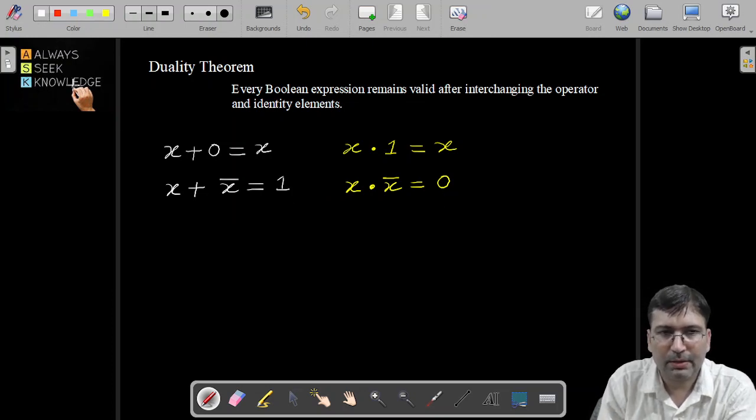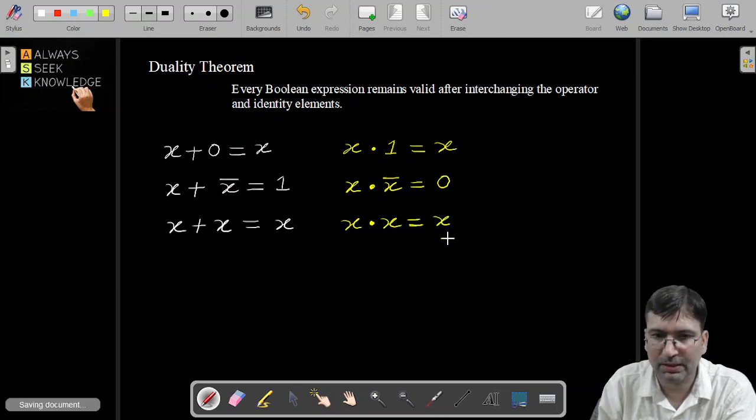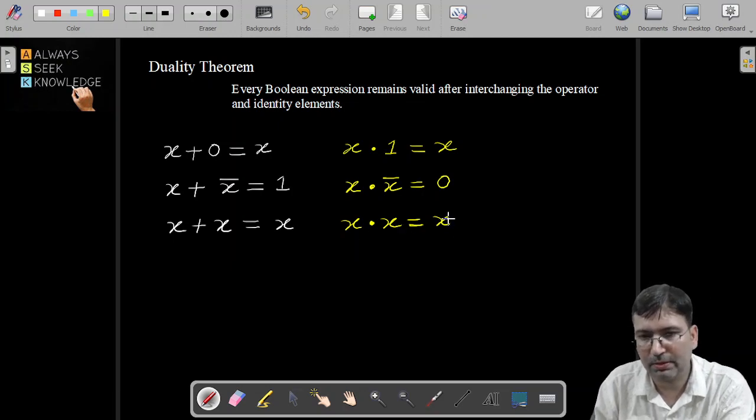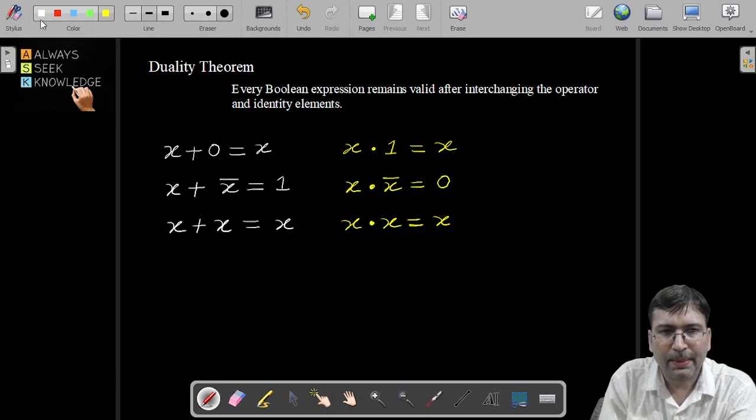Now let's see a further example: x plus x will always give us x. Now if we write the dual form for this, x and x will also give us x, because x is the Boolean variable and it is the identity for itself, right?